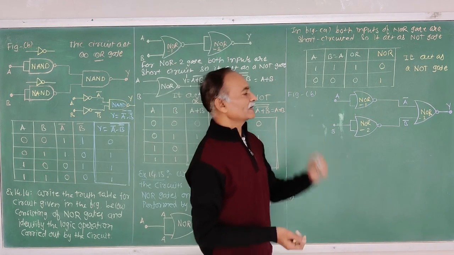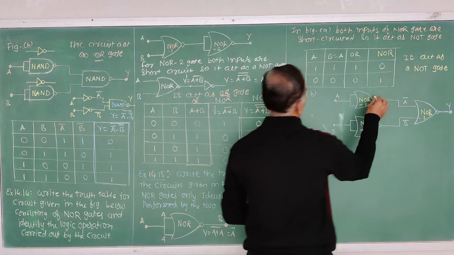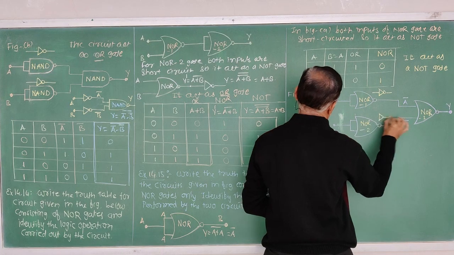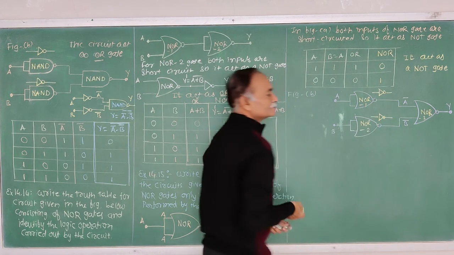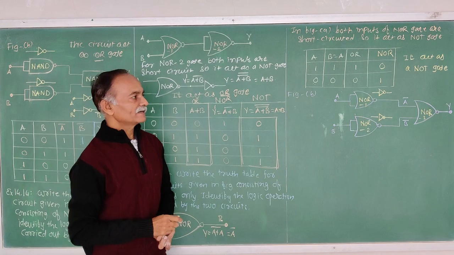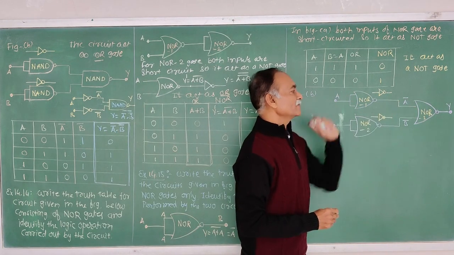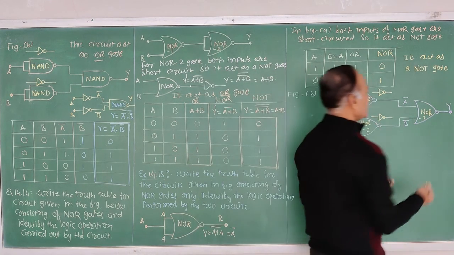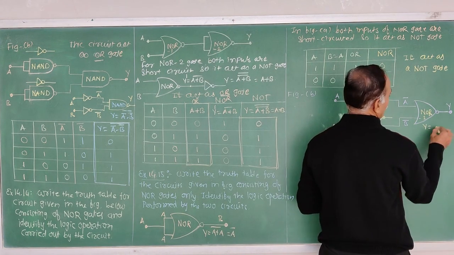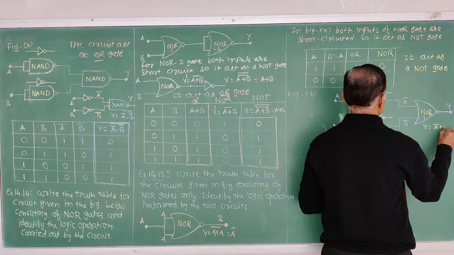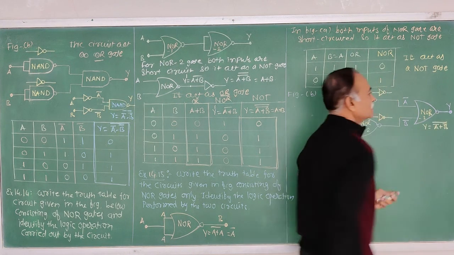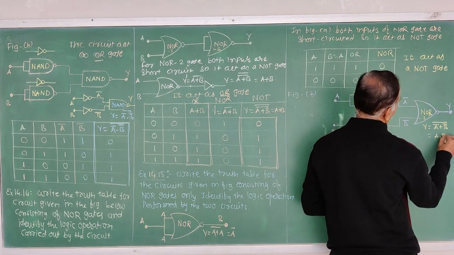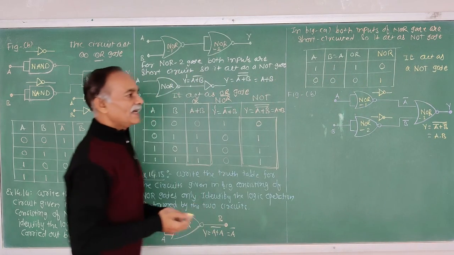Therefore they act as NOT gates. Therefore A is converted to A bar, and B is converted to B bar. And that goes to the third NOR gate. Therefore Y is equal to A bar plus B bar, whole bar. So that acts as an AND gate, A dot B.